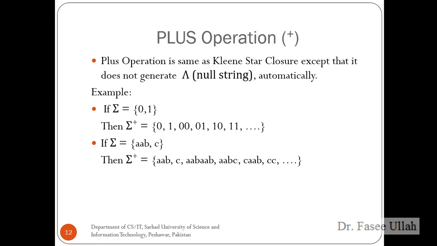The rest of the rules for defining strings are the same as discussed in the star operation. So we have 0, 1, then 0 0, 0 1 and so on. We have to keep in mind the truth table rules for designing the Kleene star and the plus operation.